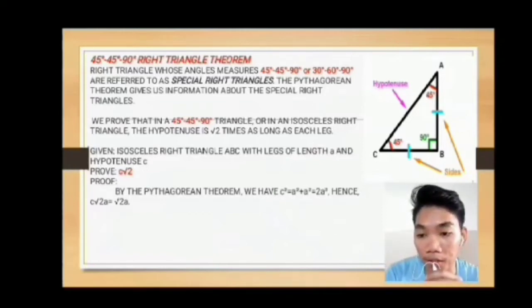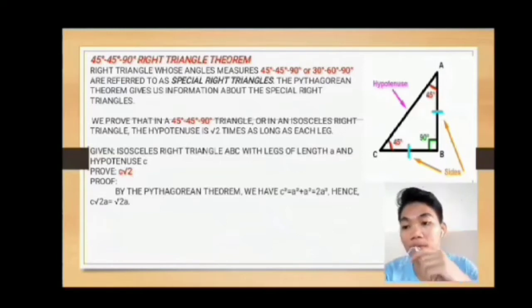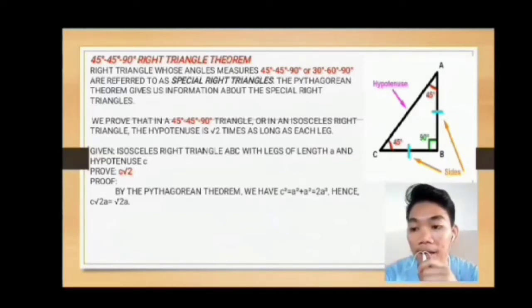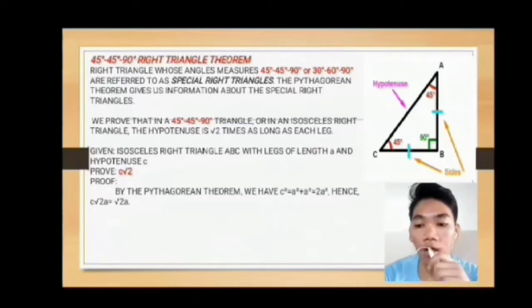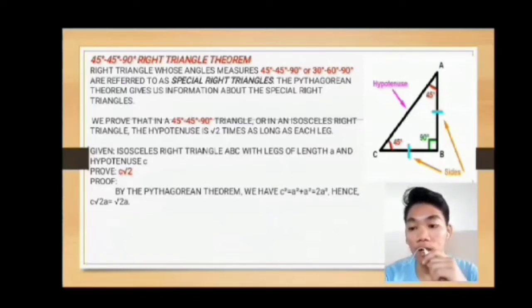Given isosceles right triangle ABC with legs of length a and hypotenuse c, prove that c is square root of 2 times a. Proof: by using the Pythagorean theorem, we have c squared is equal to a squared plus a squared is equal to 2a squared.